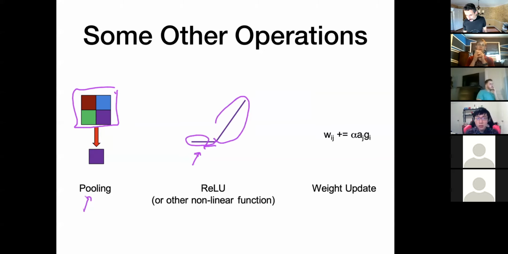But for this other guy, you also need to update the weights throughout training if you're doing training. And in deep CNNs, you might have a large set of weights that you need to update, and you need to keep them in memory.